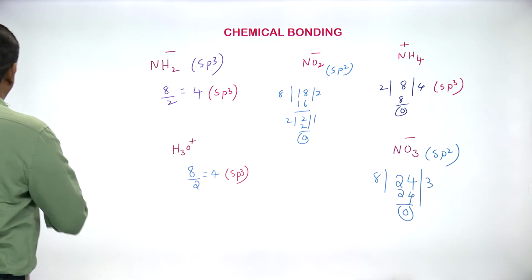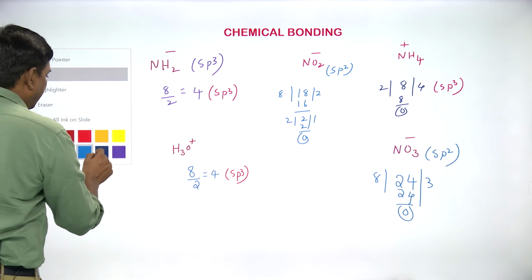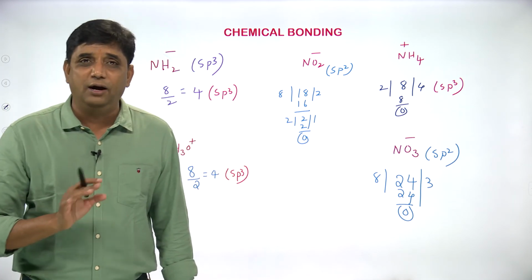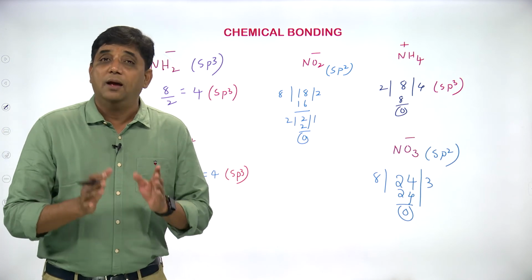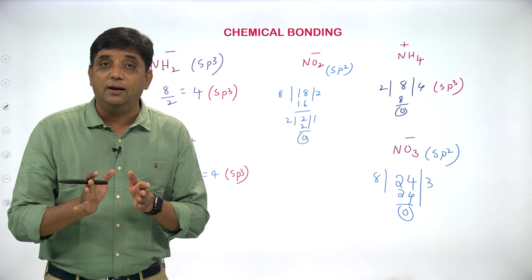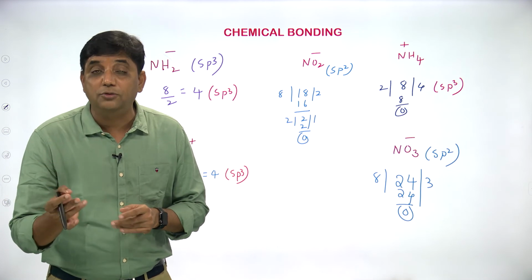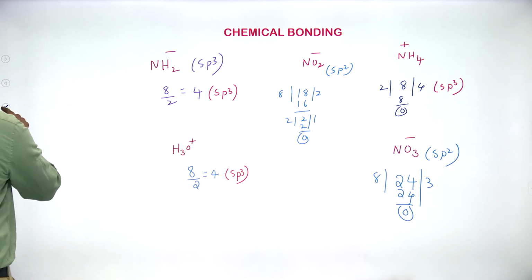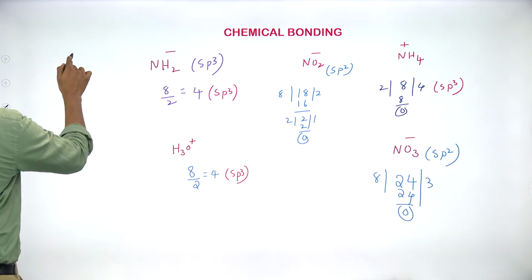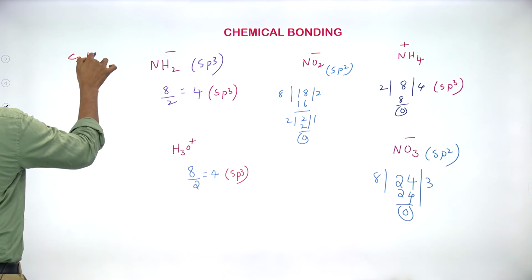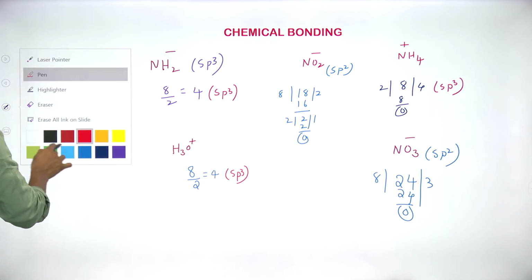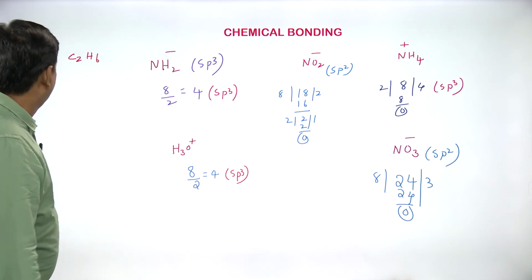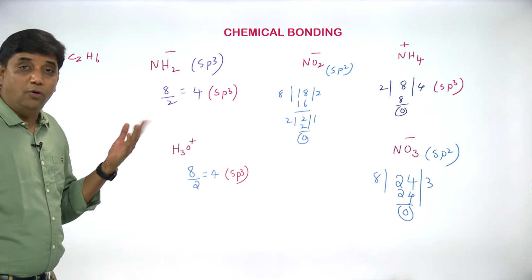For example, students, the wonderful point of this technique is that you can also calculate the hybridization of molecules which contain 2 central atoms. For example, let us say C2H6. Carbon contains 4 valence electrons.